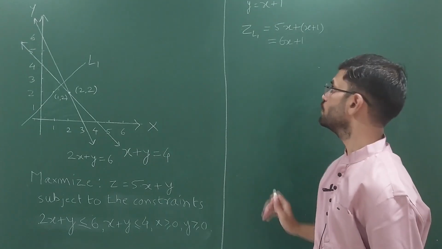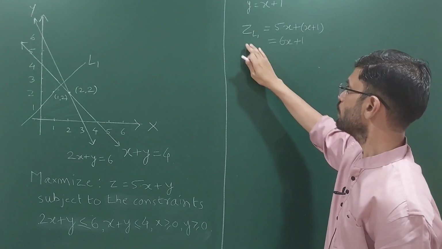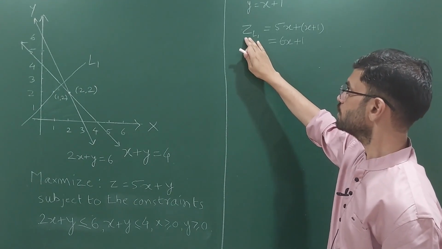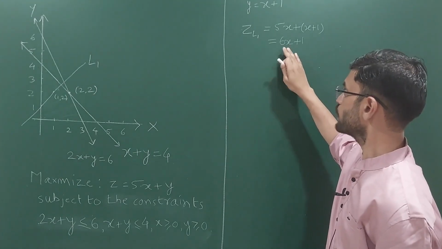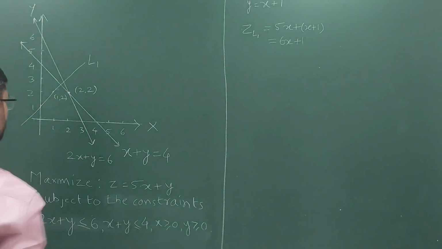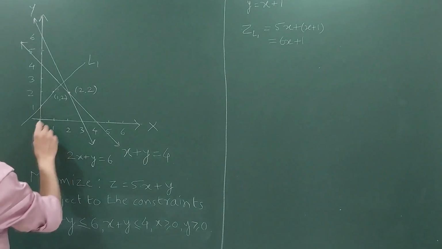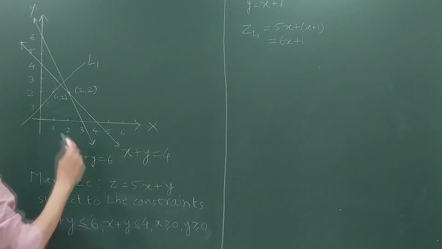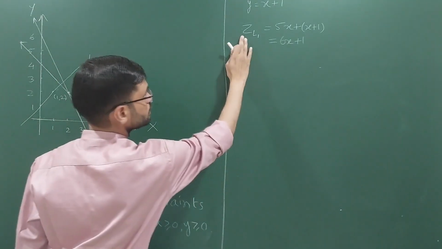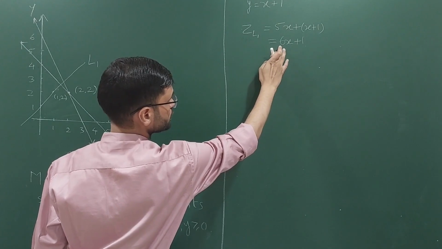What does this mean? This can help us to find out where z takes maximum value and minimum value along this line, or rather on this segment. Observe that as x increases, the value of x coordinate increases, z will increase because the coefficient of x is positive.